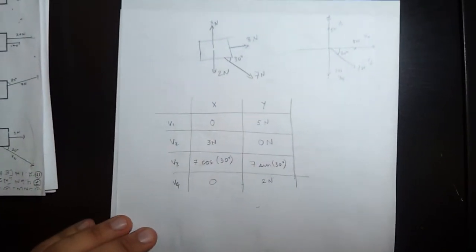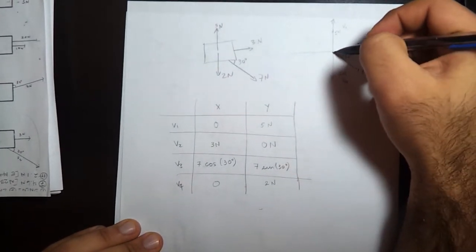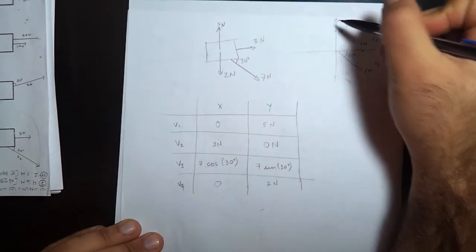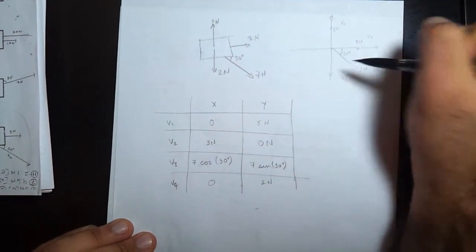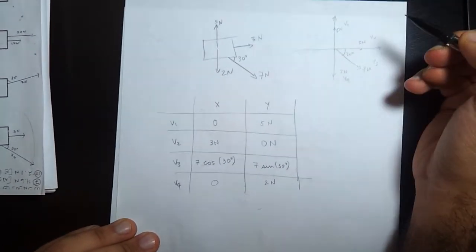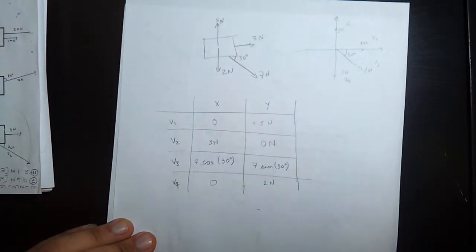The next thing I want you to do is look at the direction of each of the vectors. Everything above the x-axis is considered positive y. Everything below the x-axis is considered negative y. So vector 1 is going in the positive y direction, so it's going to be a positive sign.